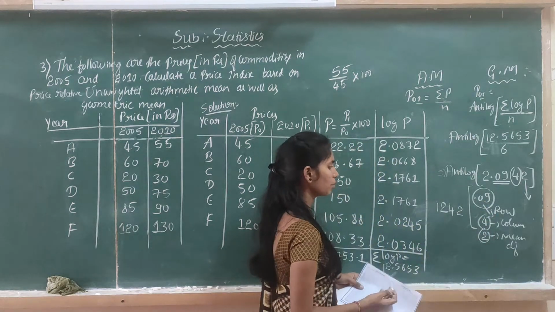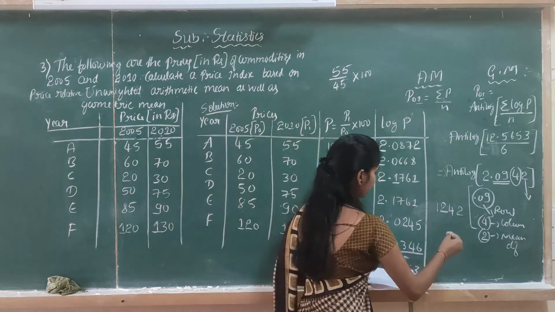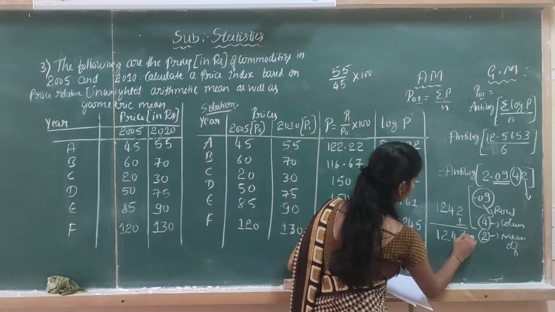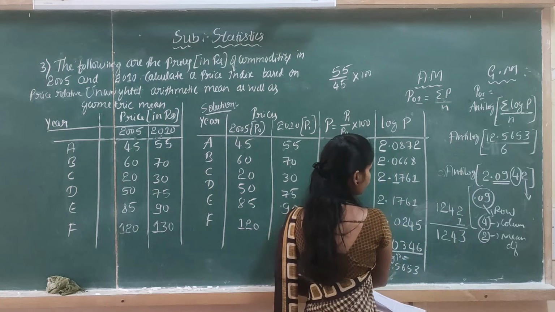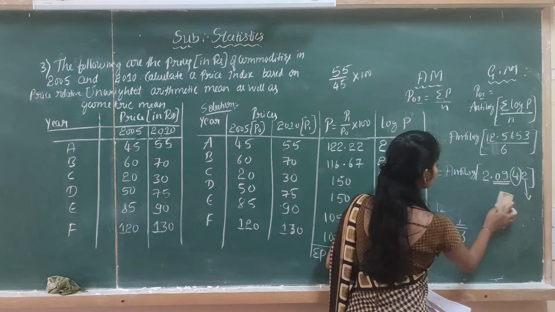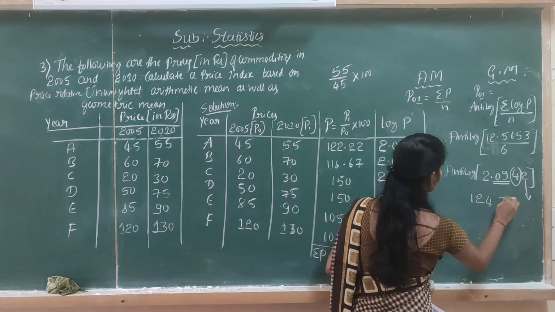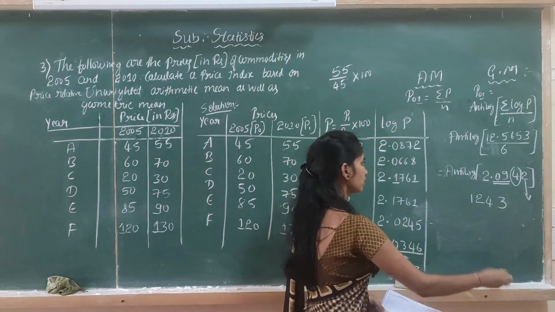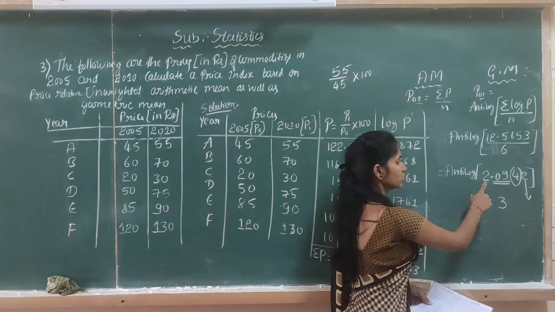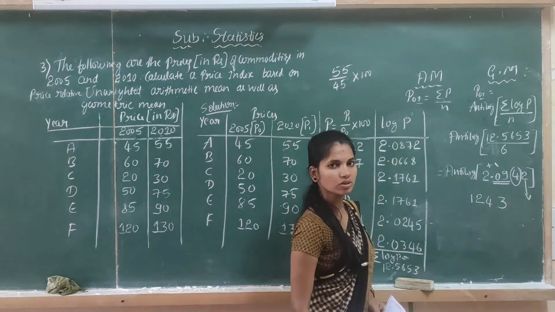There is also a mean difference in the anti-log table. The second mean difference value is 1. So the answer is 1, 2, 4, 3. This is the anti-log of the value 2.0942. Then the point's left side value is 2, so add one, that is equal to 3.